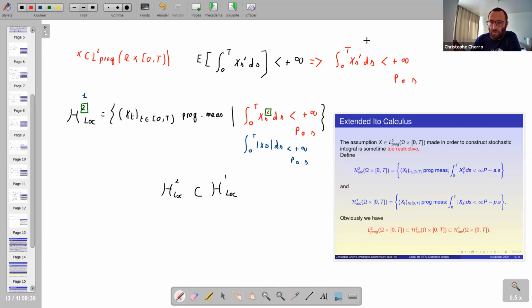And so this consequence ensures that if I am in L2 prog, I fulfill this, so I am in the space H2 loc. So I have these inclusions here: L2 prog included in H2 loc, included in H1 loc.